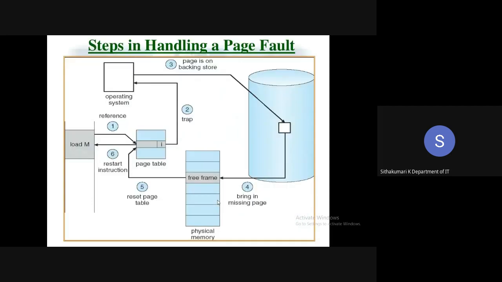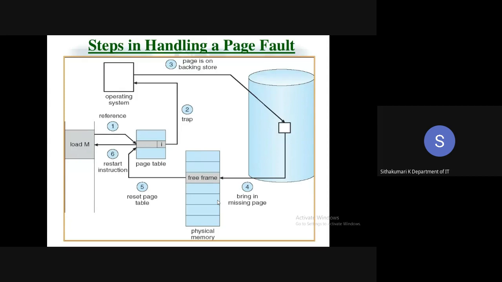These are the steps in handling the page fault, numbered 1 to 6. The first one: the page fault occurs when you are executing the instruction load M. During the translation, it accesses a particular page whose valid-invalid bit is invalid.